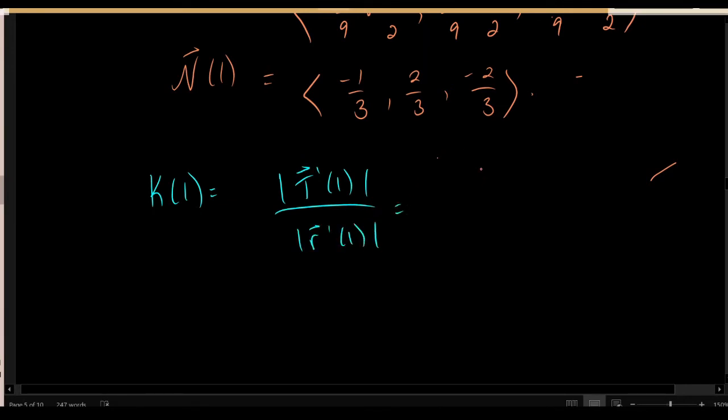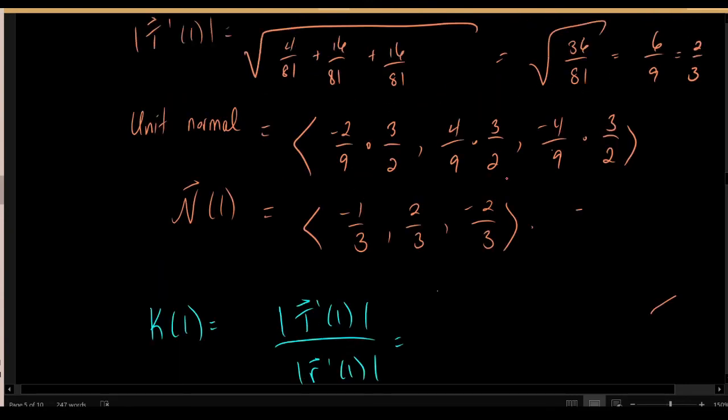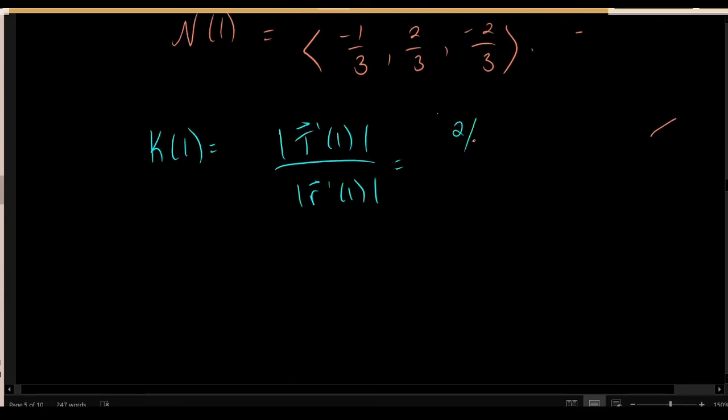So that's 2/3 for the length of t prime divided by 3 for the length of r prime. And finally, we're almost there, we can get the unit binormal vector. So here's the curvature.